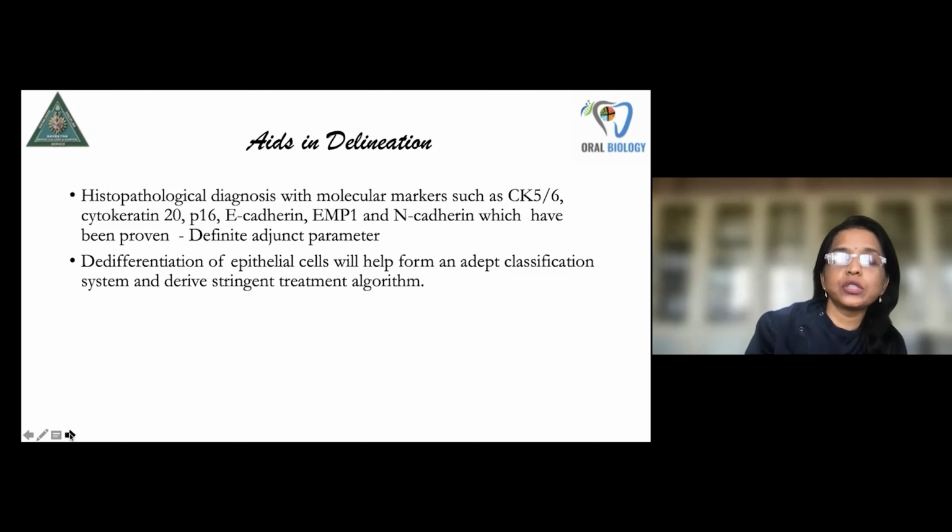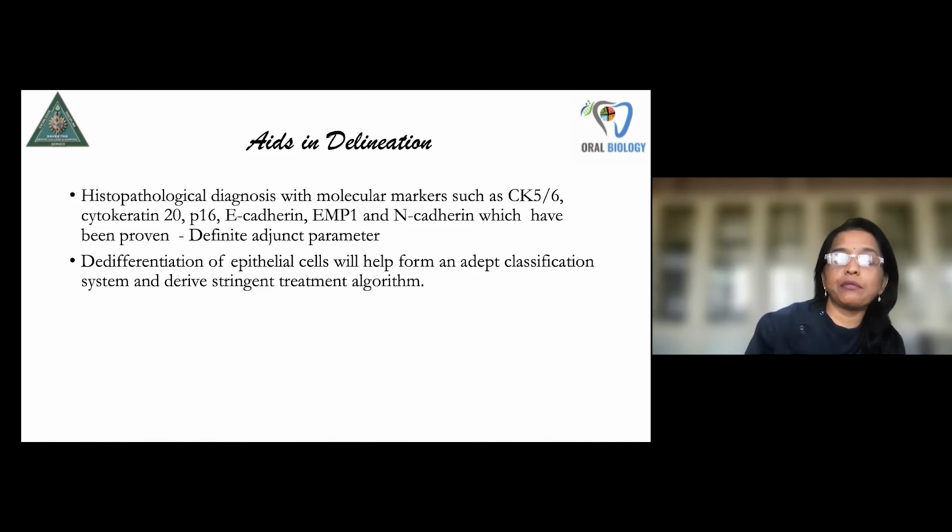Without a definitive adjunct parameter, differentiation or grading with just routine hematoxylin and eosin may not be possible, because we have had the same confusions for so many decades, and it shouldn't be like that, considering the enormous advances which have happened.